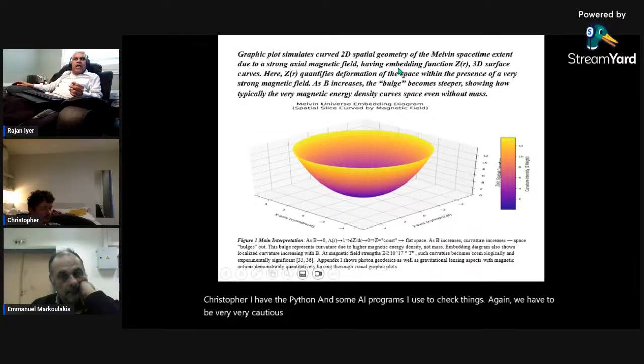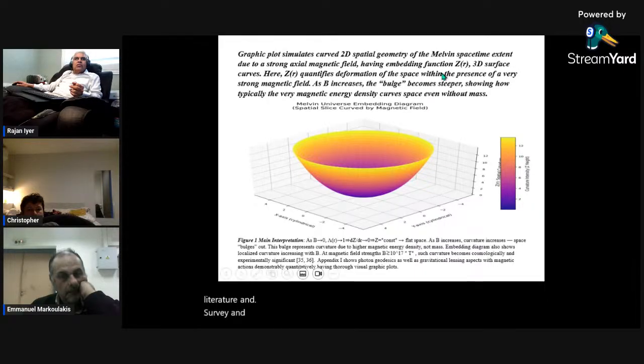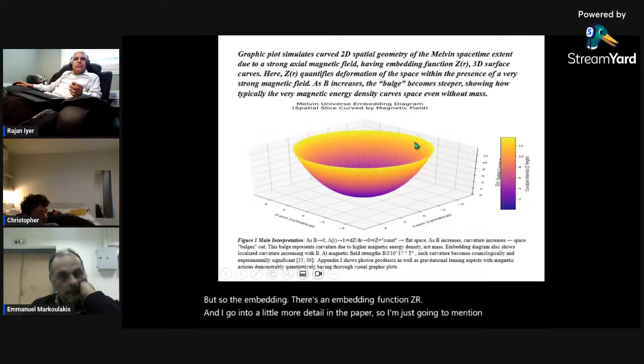But it does help us with a lot of the difficult tasks of literature survey and also some calculations. There is an embedding function Z(r), and I go into a little more detail in the paper. I'm just going to mention it here, and the 3D surface curves.